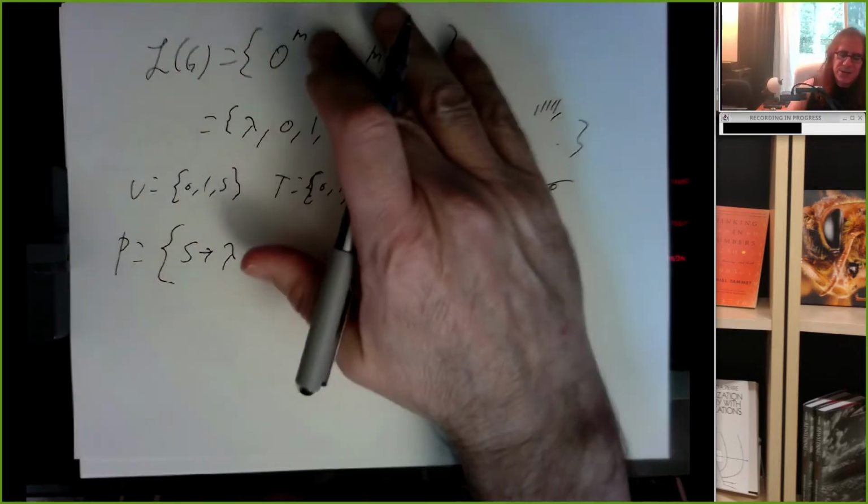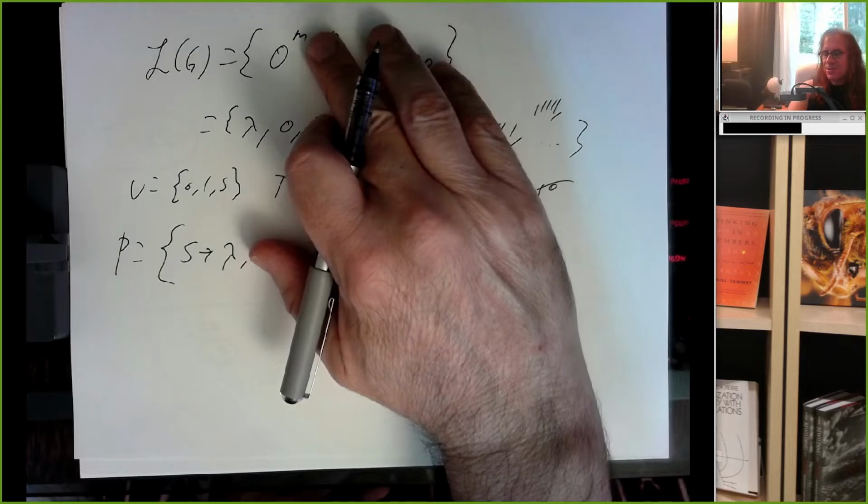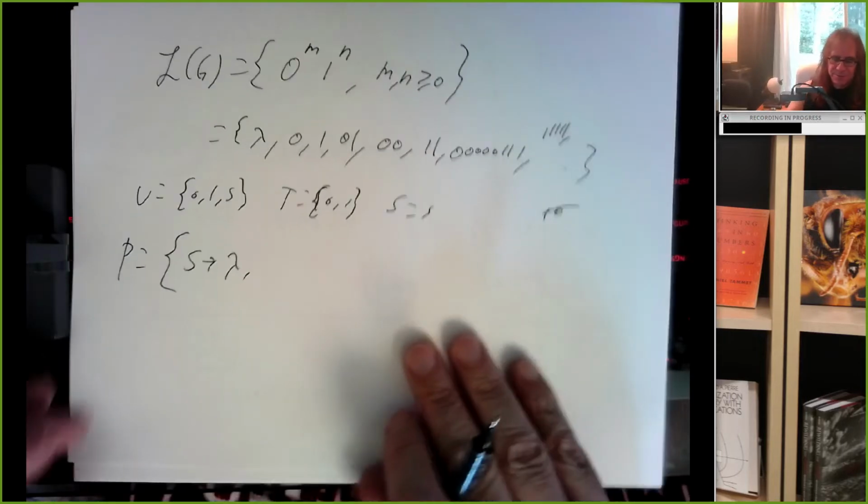Suppose we just wanted a bunch of zeros. Forget about the ones for now. We just wanted 0, 2 zeros, 3 zeros, 4 zeros. So let's do a subproblem.